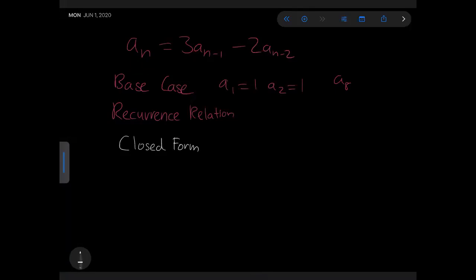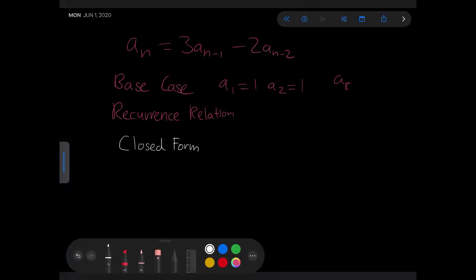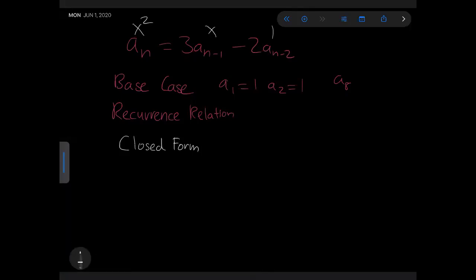What we're going to do is say that the lowest term is equal to 1, the next is equal to x, and this is going to equal x squared. It seems very arbitrary, but it's just a little trick that we can use to find closed form. Now the reason why this is x squared, this is x, and this is 1 is because this is n minus 1, this is n minus 2.